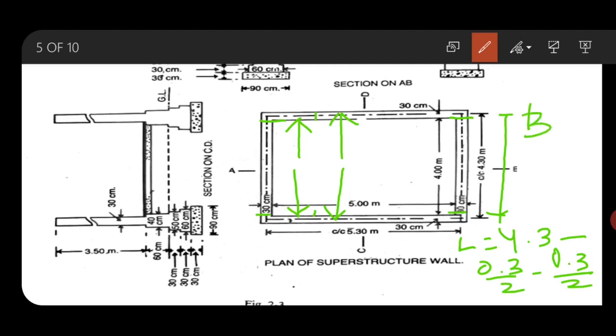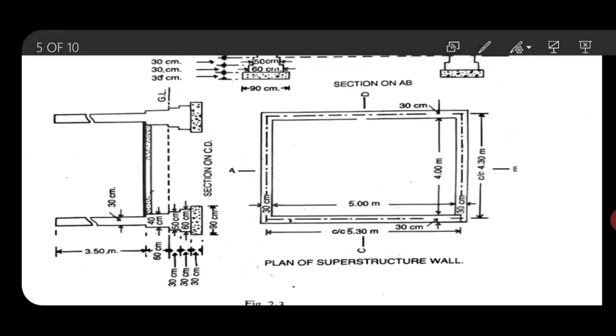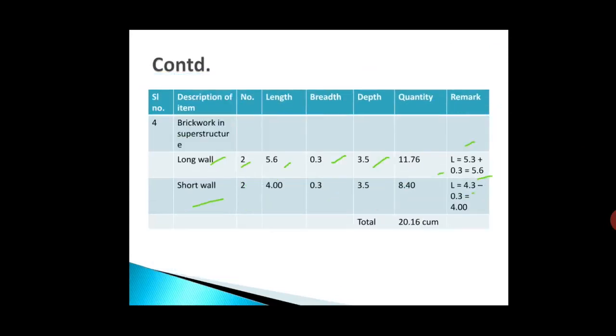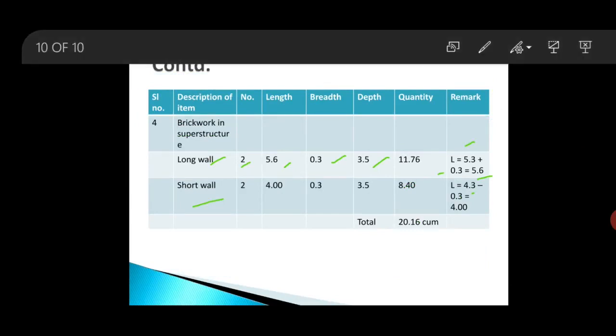Then the breadth will remain the same as for the long wall, that is 0.3 meter, and depth will be equal to 3.5 meter. Okay, clear? So now we will move to our details of measurement form in order to put the dimensions. So see here, short wall, the length is 4.3 minus 0.3 equal to 4.